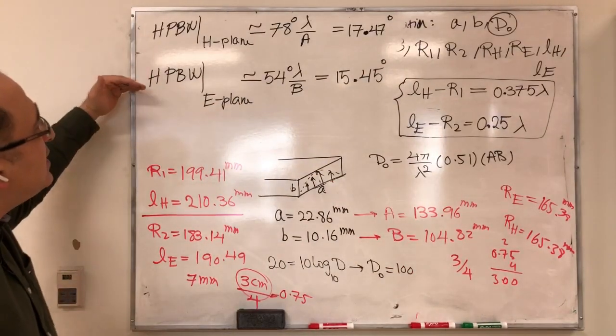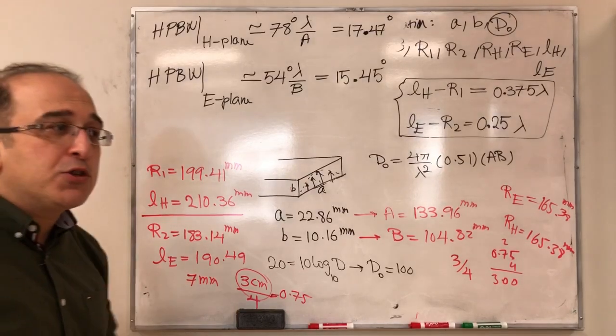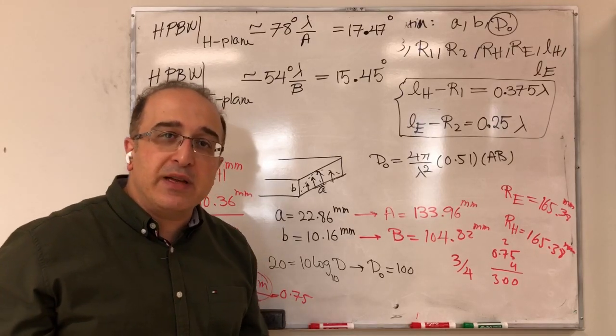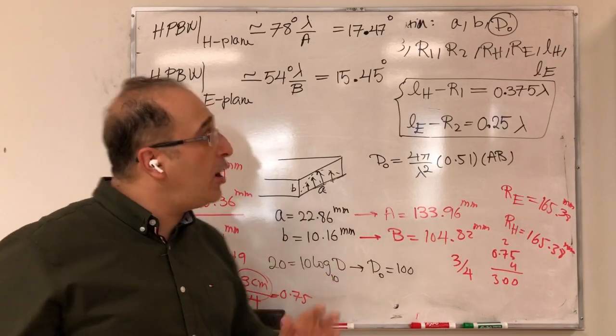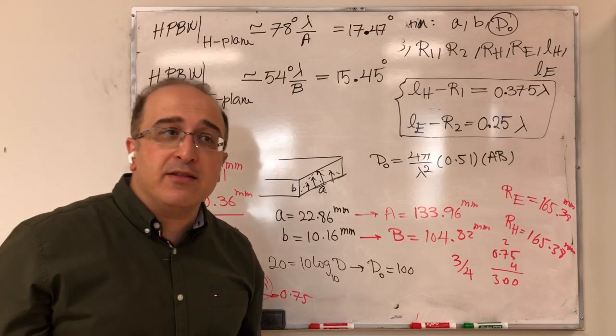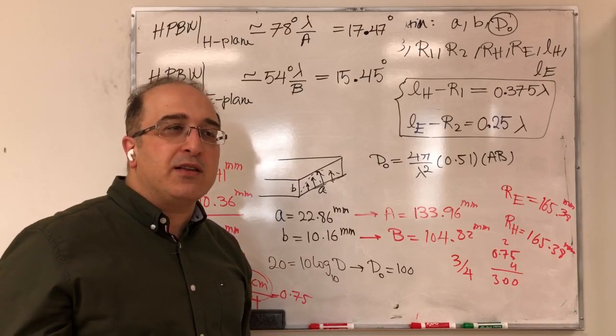Based on this, we have two estimates of half power beamwidth. We also learned in the course that if you know your half power beamwidth in the two principal cuts, in this case the E plane and H plane, then you can estimate directivity. There are a couple of equations to estimate directivity.